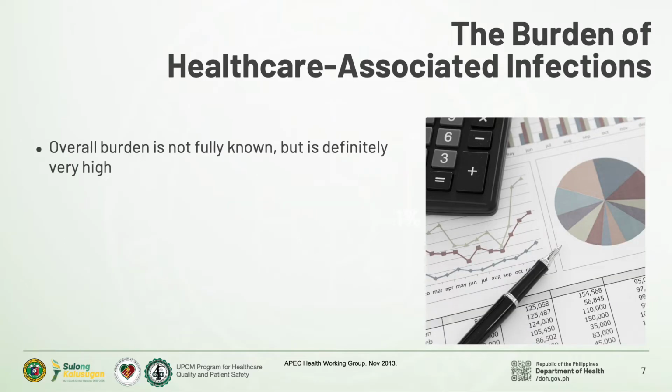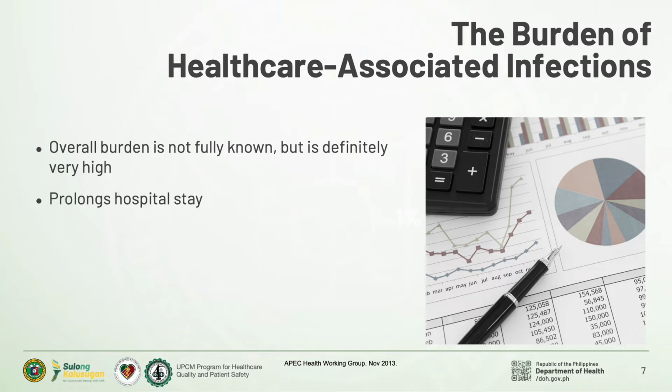Unfortunately, the overall burden is not fully known, but indeed, this might really be very high. As of present, there is very limited data in the public domain, especially local data. Reports have shown, however, that there are higher rates in developing countries with prevalence as high as 15.5%, or 47.9 per 1,000 patient days.